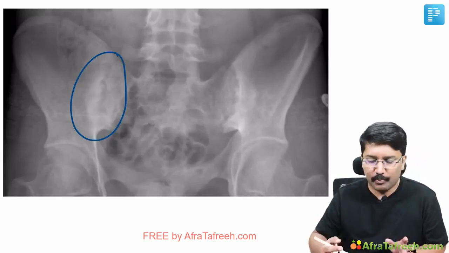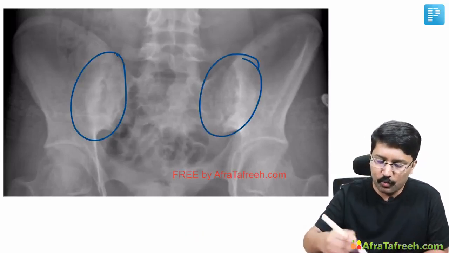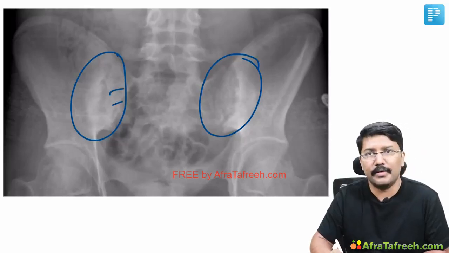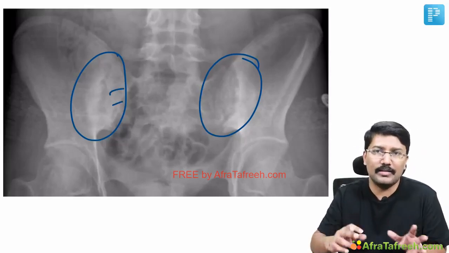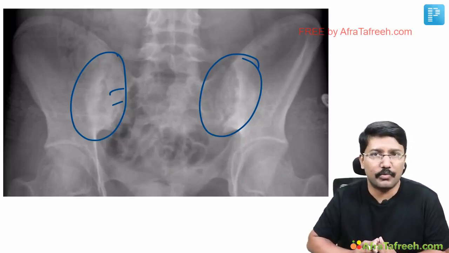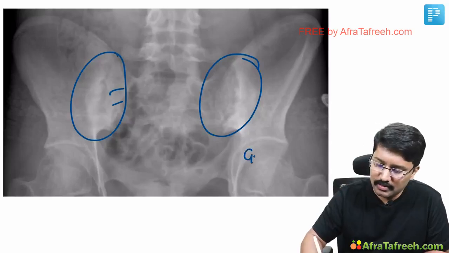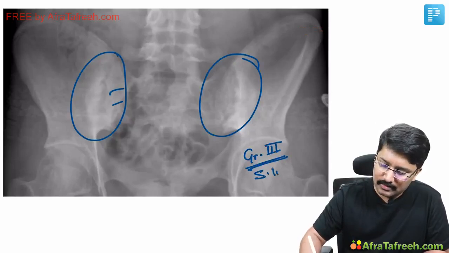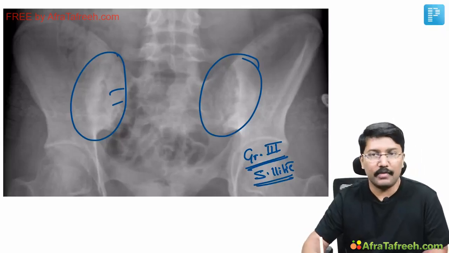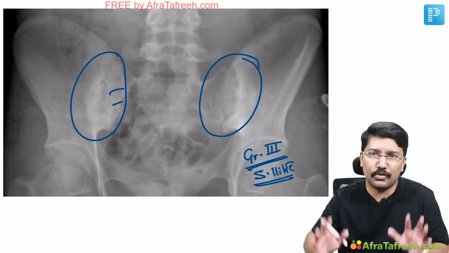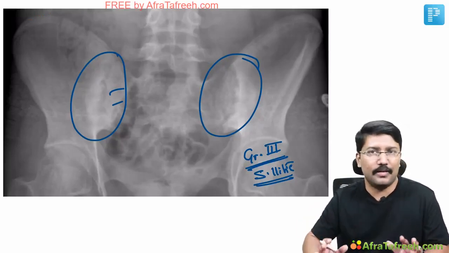I think you can appreciate that there is joint space widening, and there may be some areas where there is fusion, right? So there is joint space widening and some degree of ankylosis in this X-ray. The sacroiliac joint is what I am talking about. So this obviously is a grade 3 sacroiliitis X-ray. If you cannot really distinguish the joint line at all, then that means there is complete fusion or complete ankylosis. That is grade 4.